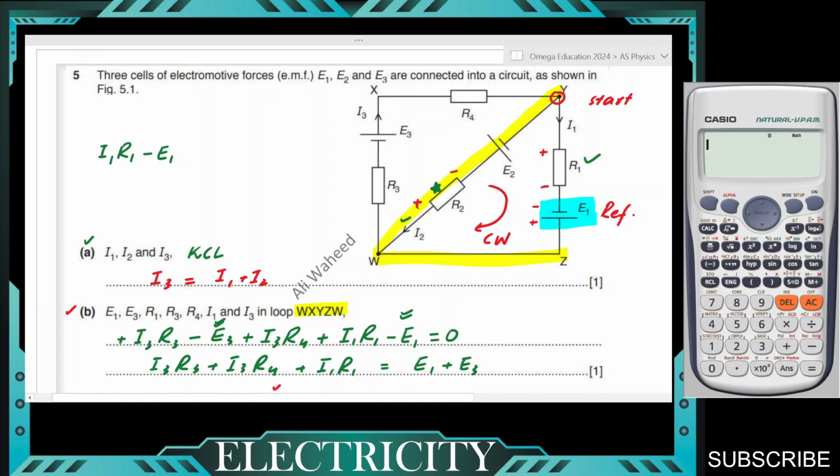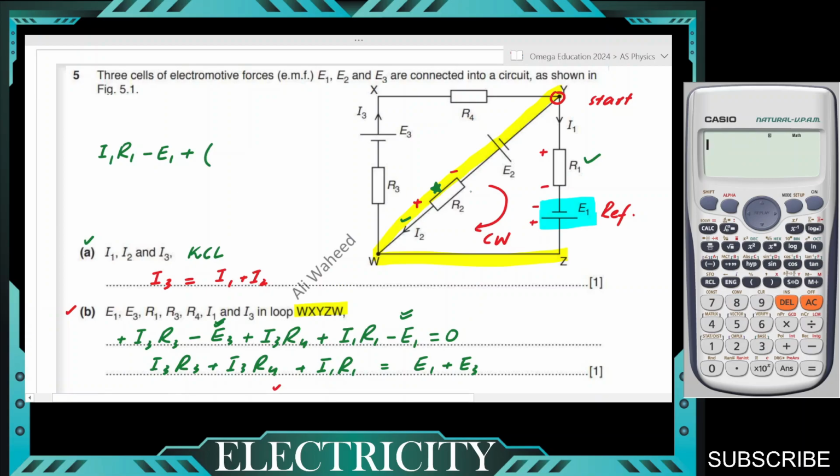So we are moving from positive towards the negative. So the potential difference would be positive. And how much potential difference would be there? It would be IR. How much current is there? I2. What is the resistance? R2. So it would be I2 R2.